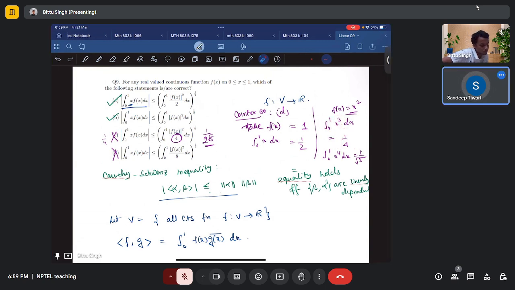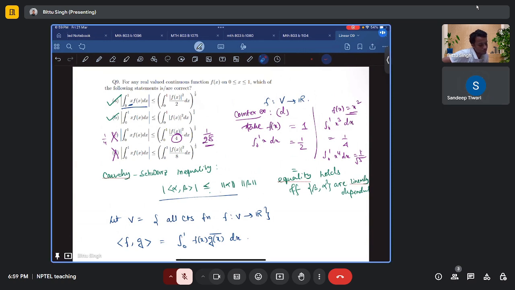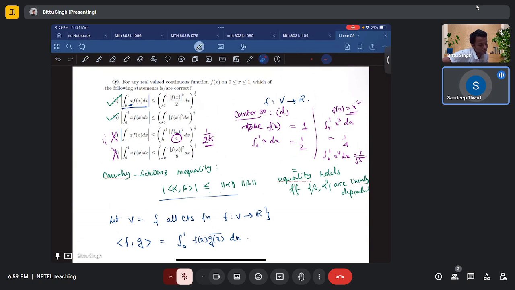We need to take, sir, the norm, sir. Norm of f(x) and norm of x, sir. So we basically need to calculate norm of x times norm of x squared, sir. So norm of x squared you are getting, sir, 1 by root 5, and norm of x is, sir, previously calculated 1 by under root 3, sir.